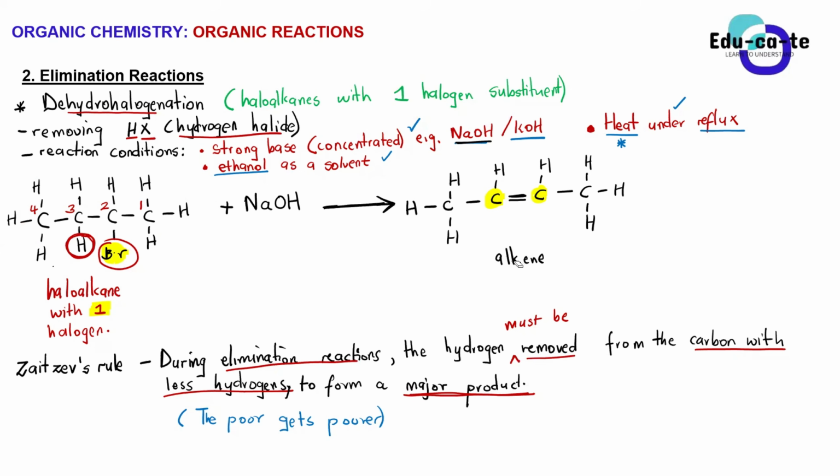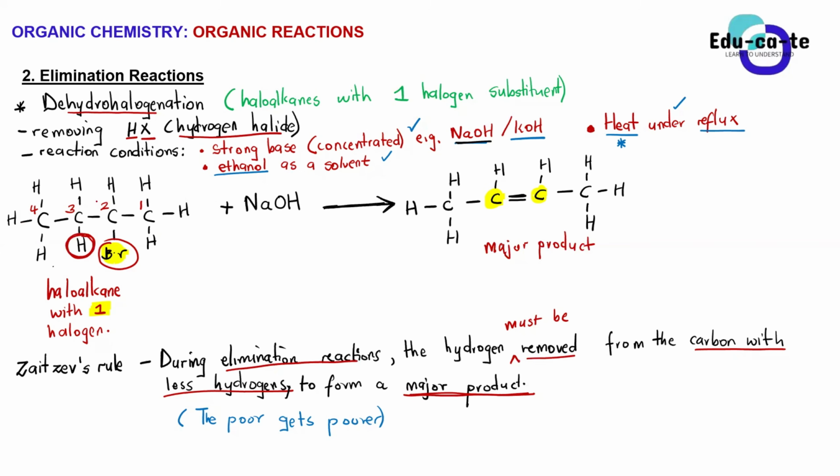So this alkene that we have formed here, we say that this is a major product. Why is it a major product? Because we have formed it by following the Zaitsev rule.